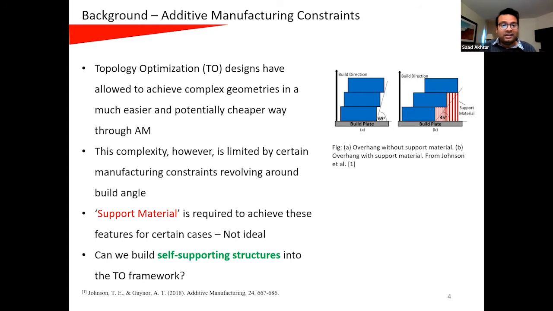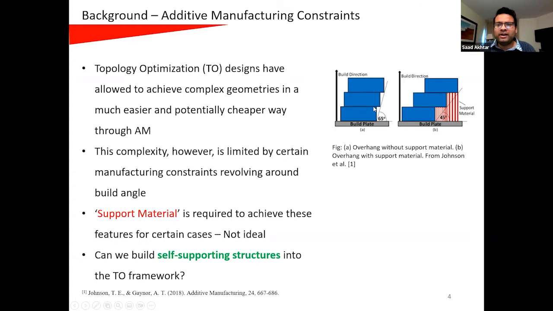However, like I said, they are limited by certain constraints, and one of the major constraints is build angle. This picture on the right demonstrates it very aptly. Consider figure A, where you have the overhang without support material.